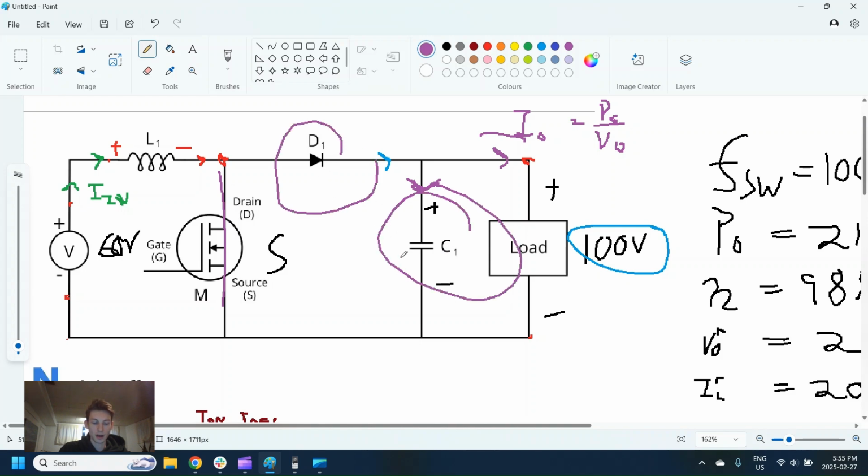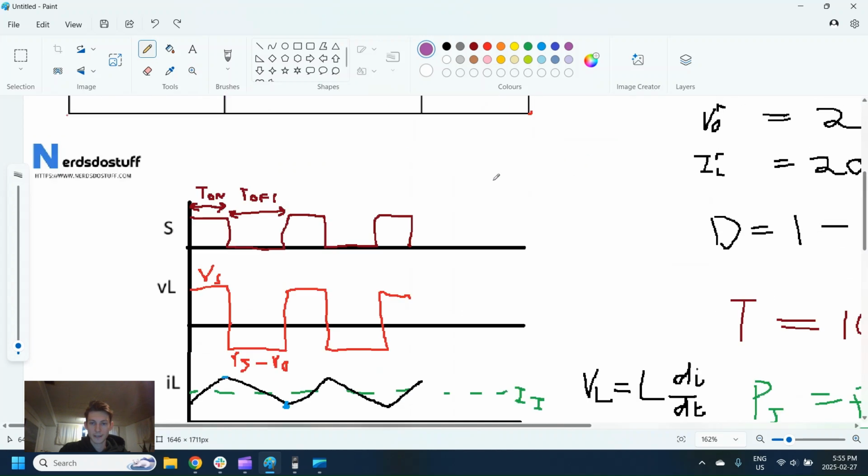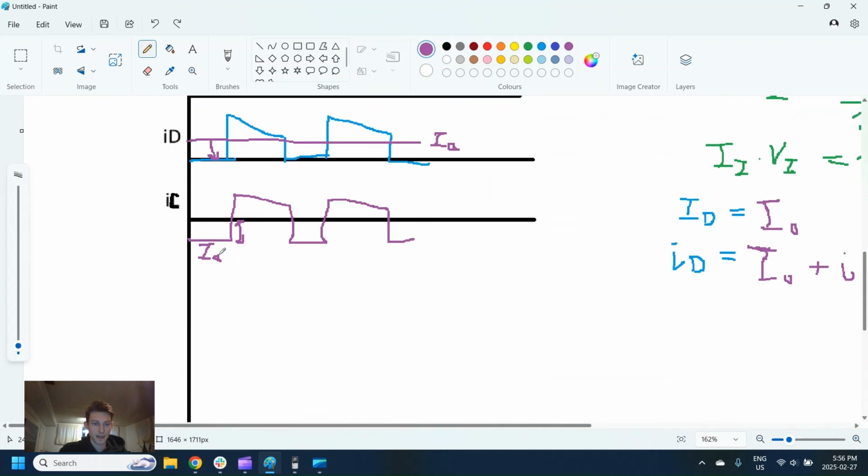So this diode is off, so the current is being supplied from the capacitor, and because we've defined current as positive through this way, it's going to be a negative current from the capacitor, and it's going to be all of the current because no current can come from anywhere else. So hopefully that provides some intuitive explanation. But yeah, that's I out.